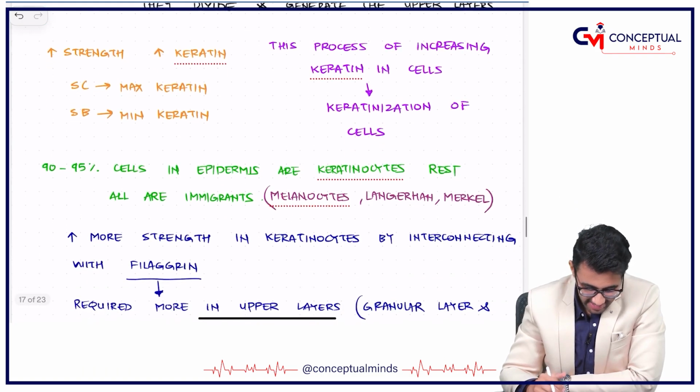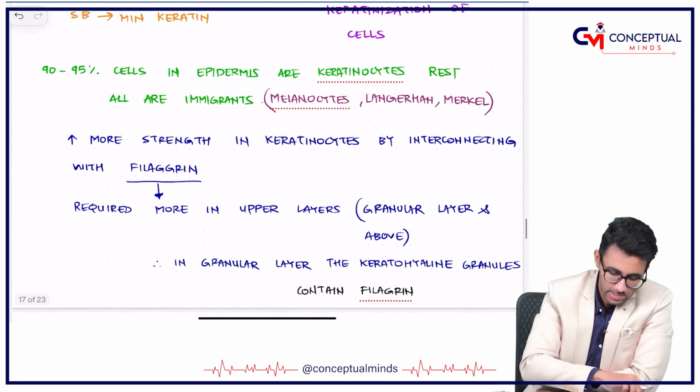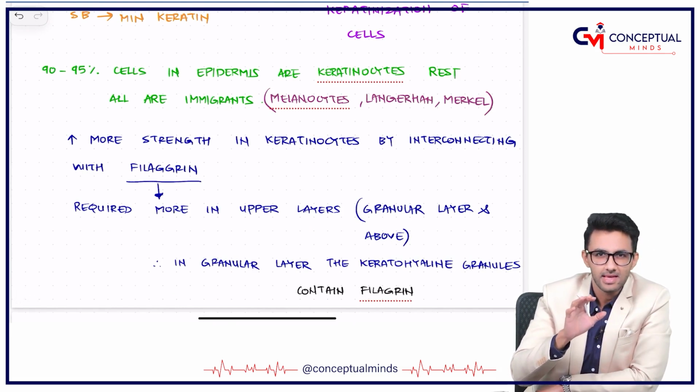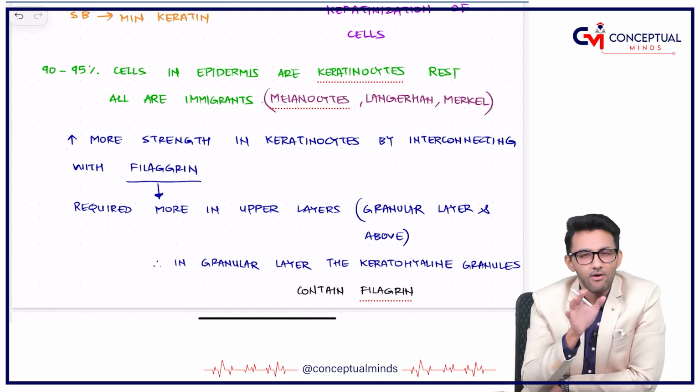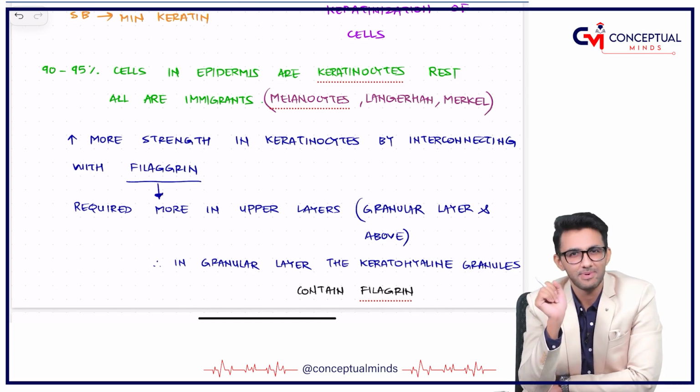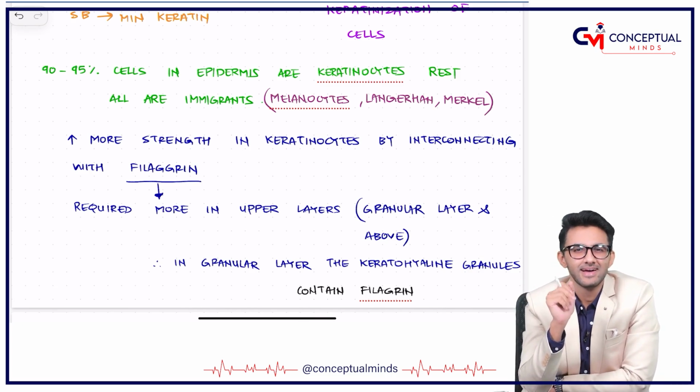Okay, fine. Coming to the next one, in the epidermis we can say that all of these cells are keratinocytes, and the other cells are the immigrants. It's a pretty hot topic on the internet, right? But still, the melanocytes, Merkel cells, and Langerhans cells are immigrants.